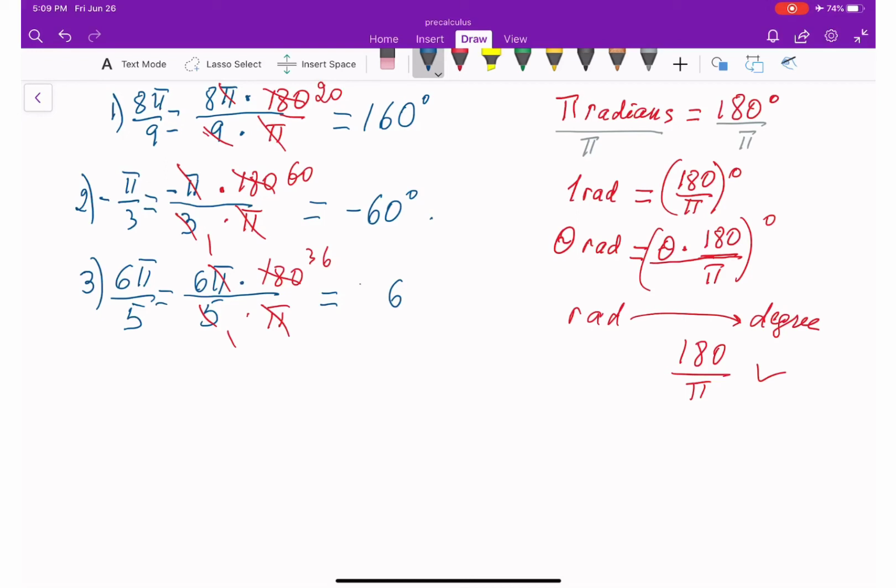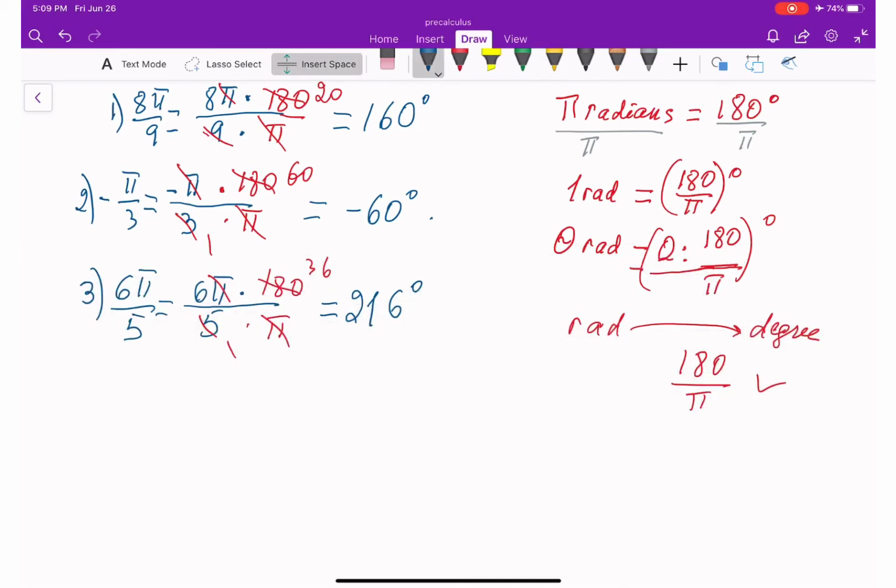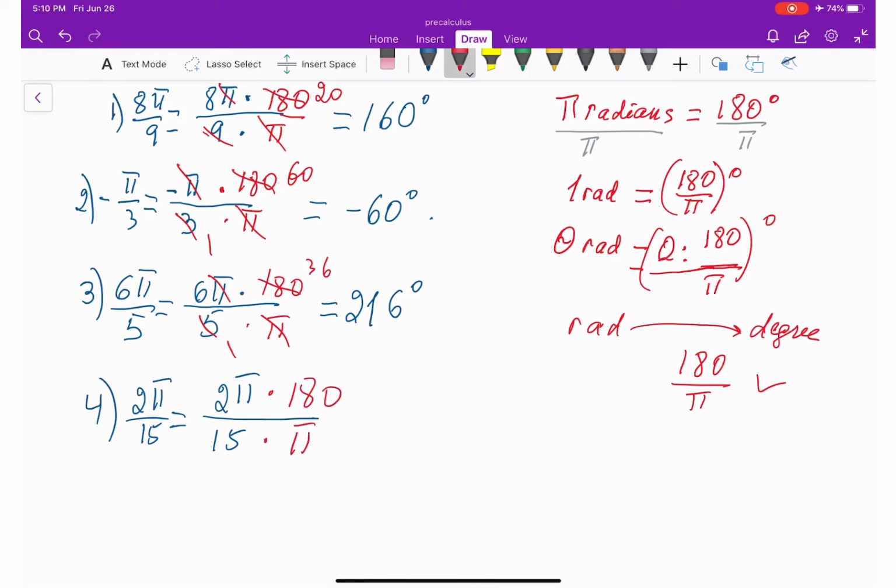And 3, 21. So we get 216 degrees. And one more. 2 pi over 15 times 180 over pi.